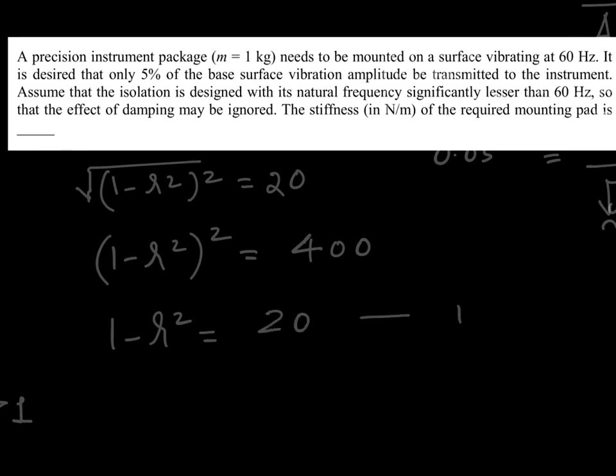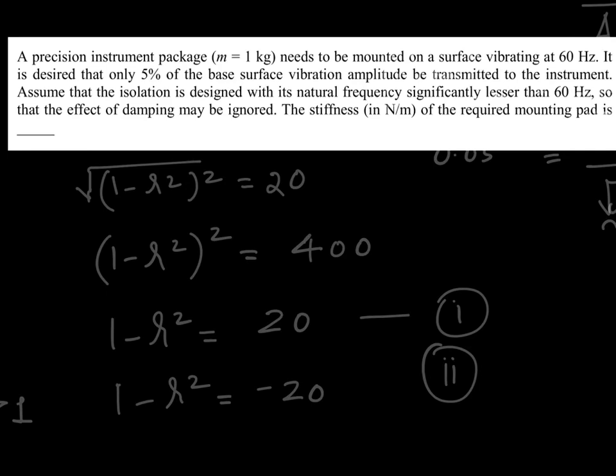And the second possible scenario is 1 minus r square is equal to minus 20. Just hold your thought for a while. Both these equations will eventually satisfy this equation. So there are two possibilities.